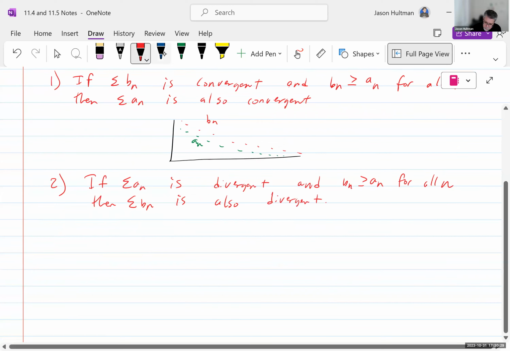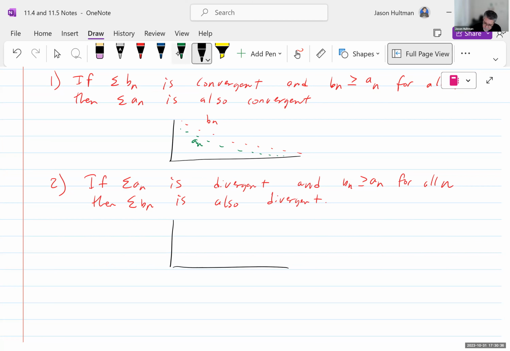Okay, so the picture on this one would look like this. Okay, again, a sub n is on the bottom. But it's diverging. The sum is diverging.